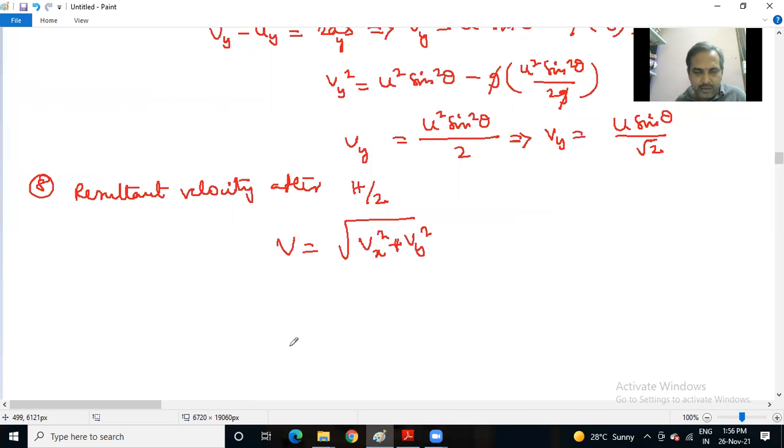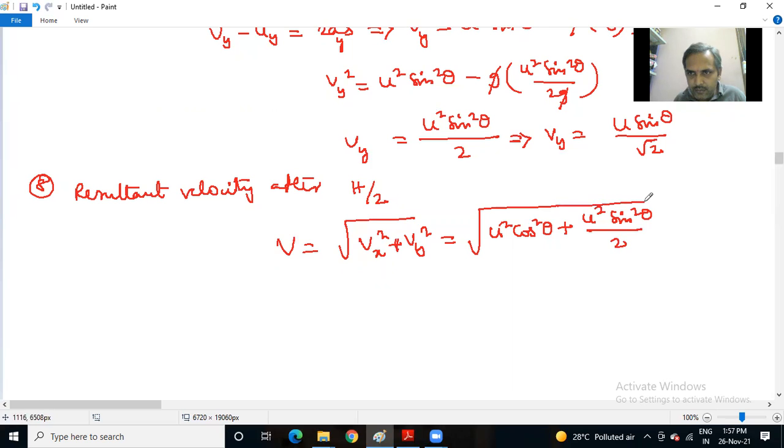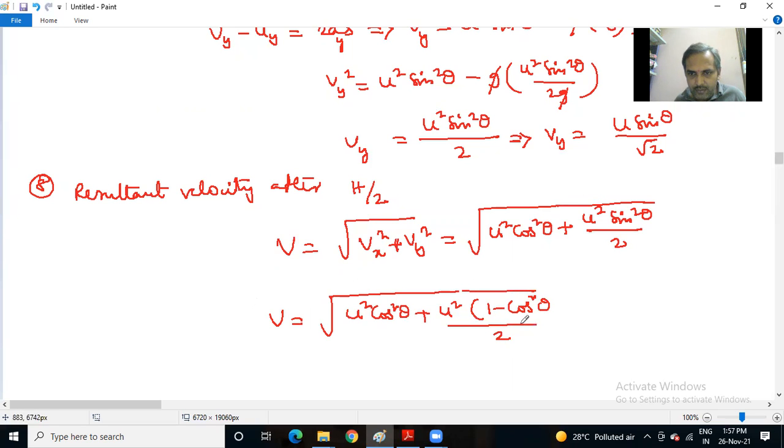Now here we are going to determine the resultant velocity. Vx is u cos theta, so it will be u square cos square theta plus Vy is u sin theta by root 2, so it will be u square sin square theta by 2. Now let us write this as the root of u square cos square theta plus u square into 1 minus cos square theta, divided by 2.